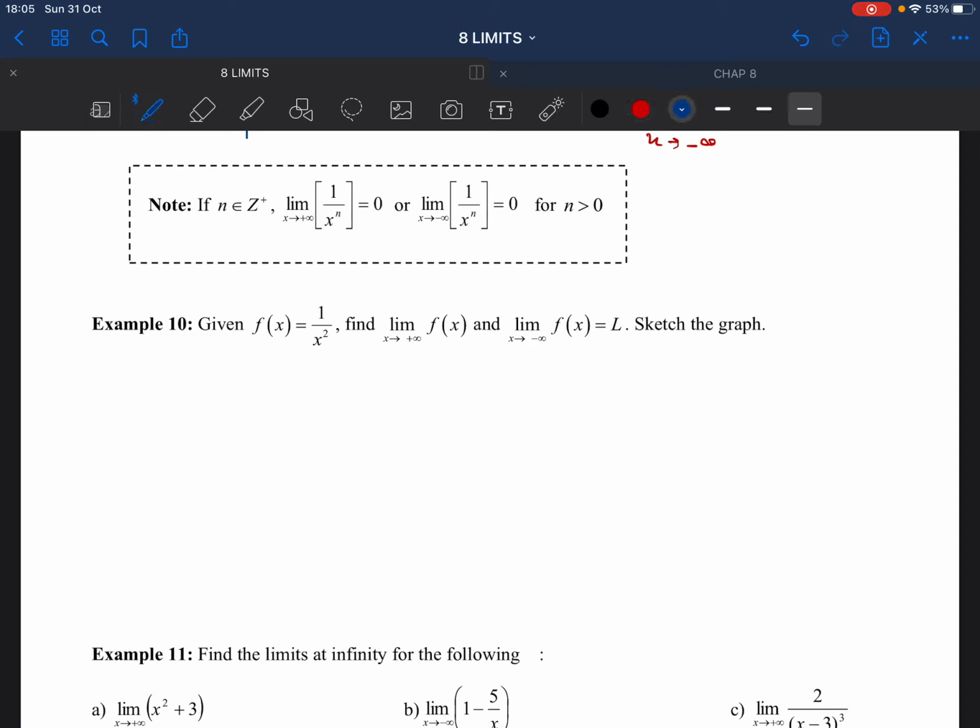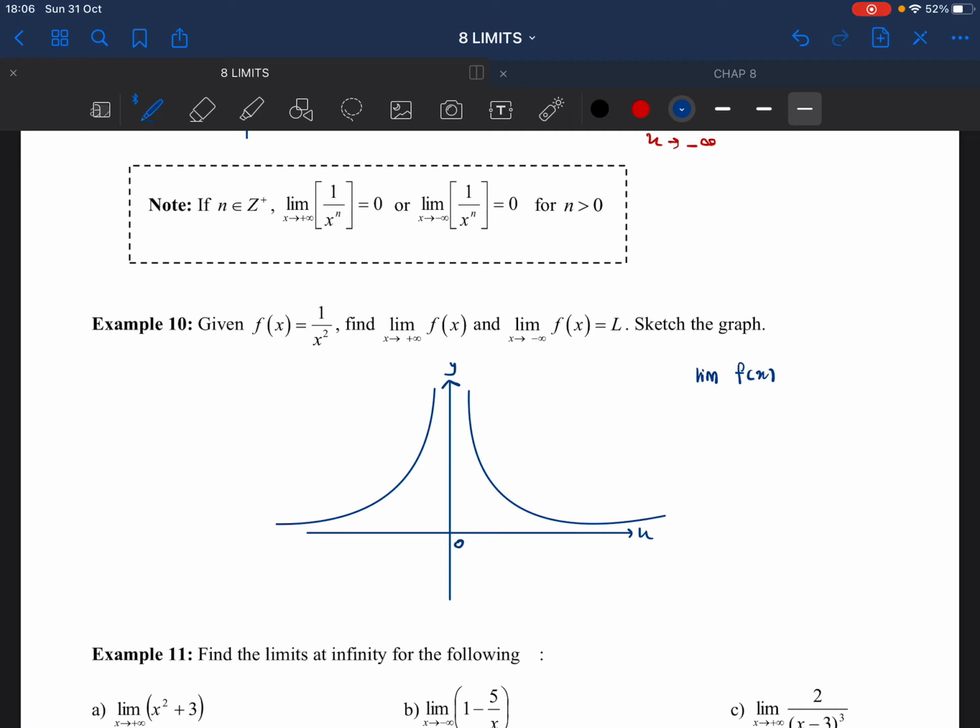First, make sure you know how to draw this graph. The graph should look something like this. We have one here, and another one here, and this is 0. So when you want to find limit f(x), where f(x) is 1 over x squared, as x approaches positive infinity, positive infinity is here.